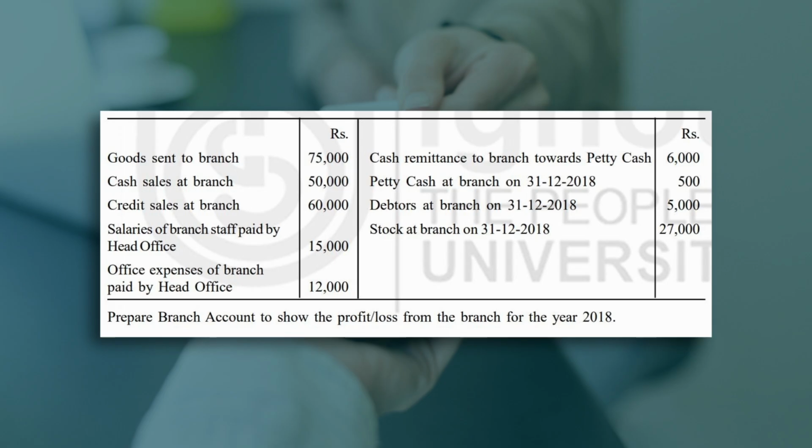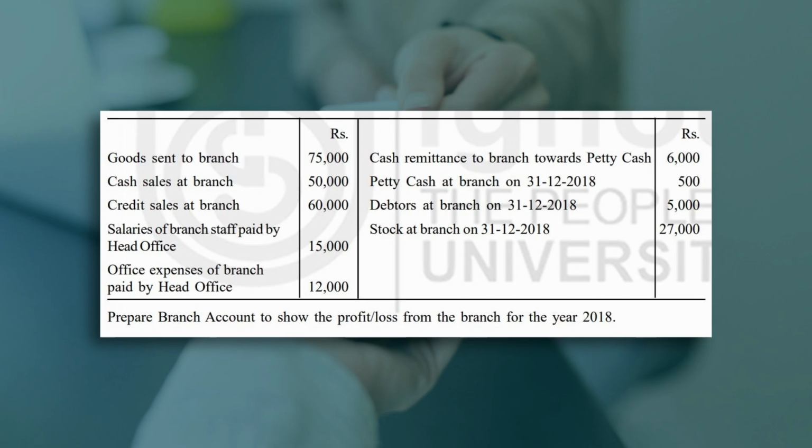Salaries of branch staff paid by head office 15,000. Then the office expenses of branch paid by the head office 12,000. Then cash remittance to branch towards petty cash is 6,000.